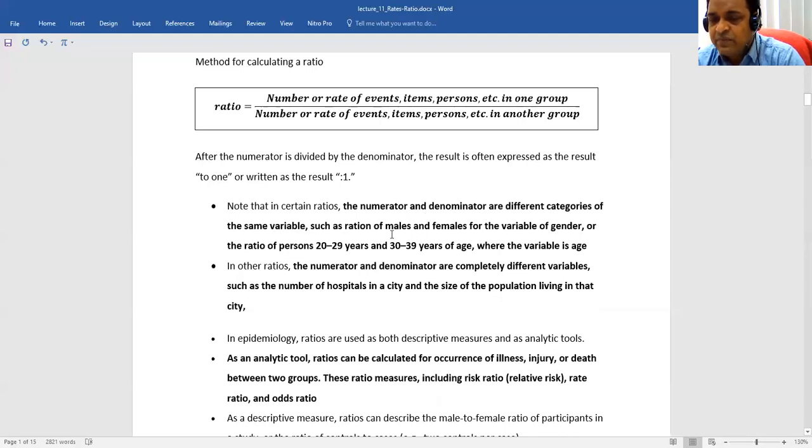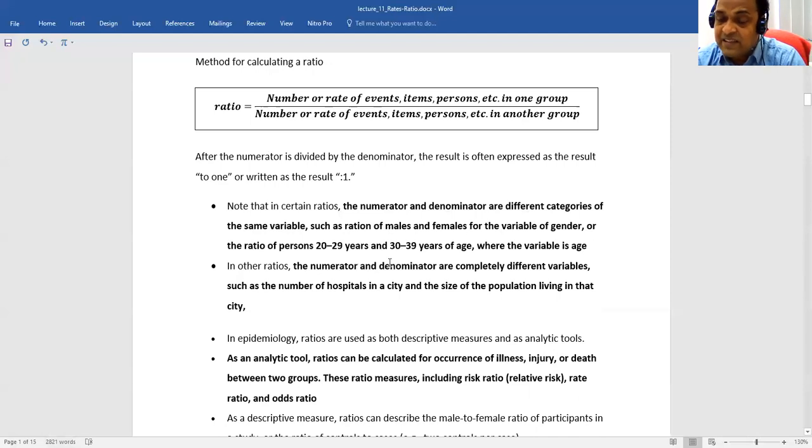We can find the ratio of males and females. Or we can find the ratio of the age group 20 to 29 years to the 30 to 39 years. The variable is age, the same variable, different groups. One group is 20 to 29 years, and we compare it with the 30 to 39 years.